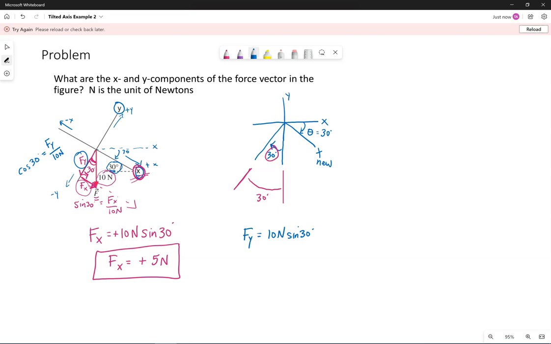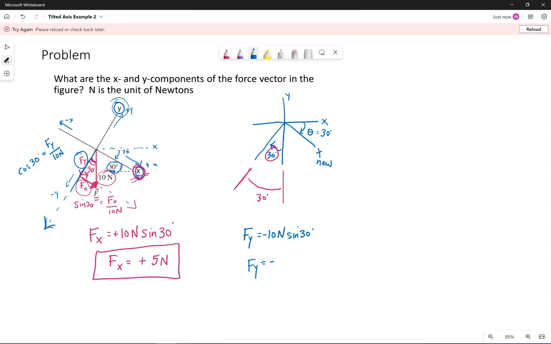But again, is it positive or is it negative? We know it's pointing essentially this way. It's not that long. I'm just trying to represent where the arrow is. Since that's away from what is labeled as y, that makes it a negative y component because it's pointing in the negative direction.